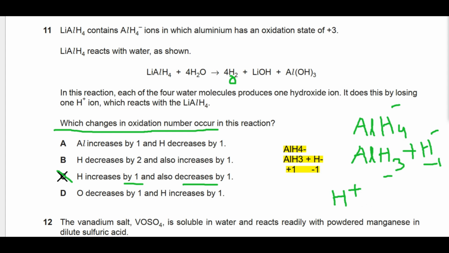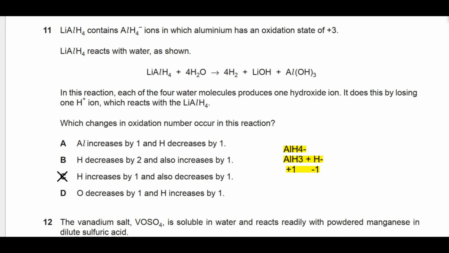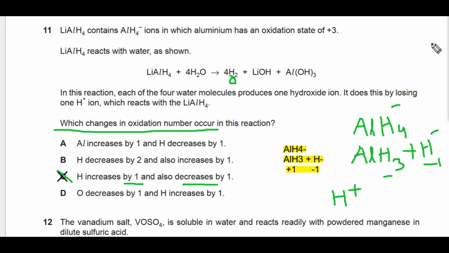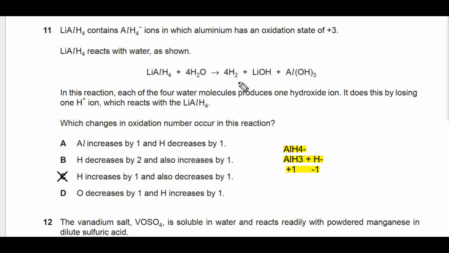So here hydrogen is plus 1, here 0, here hydrogen minus 1, the hydride ion is minus 1.